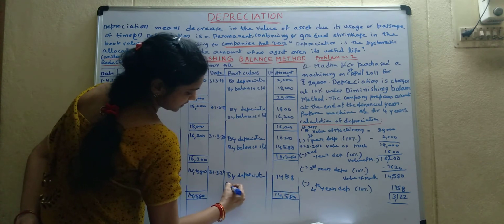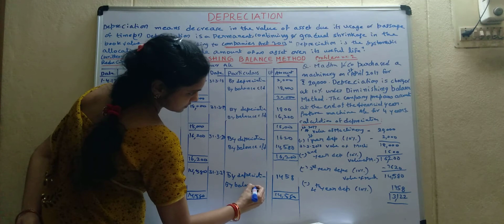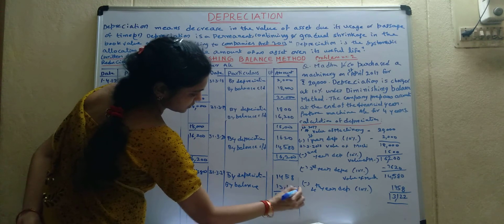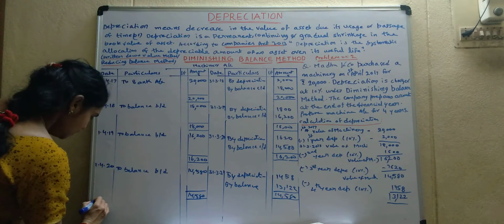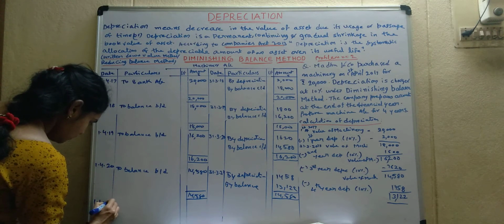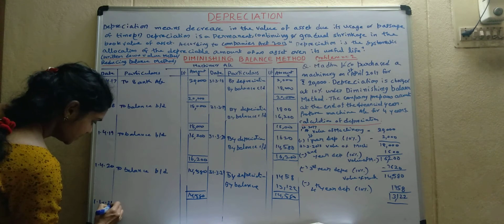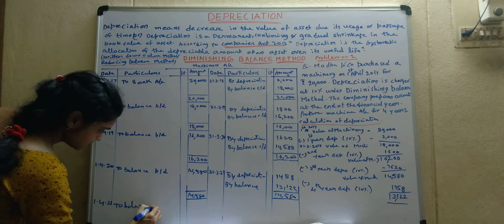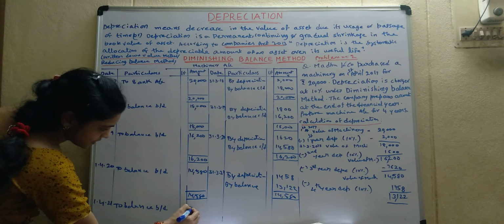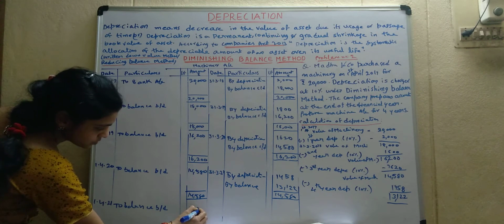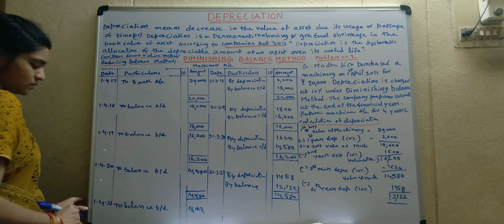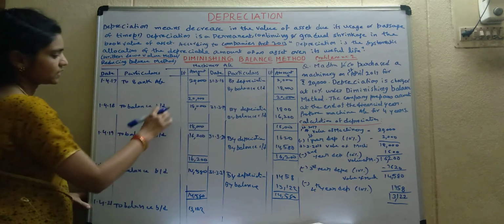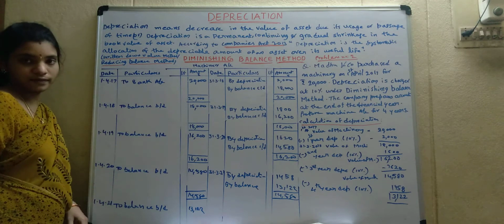By balance carried down, what is the balance? 13,122. On 1/4/21, to balance brought down 13,122. They asked for 4 years: 1, 2, 3, 4.